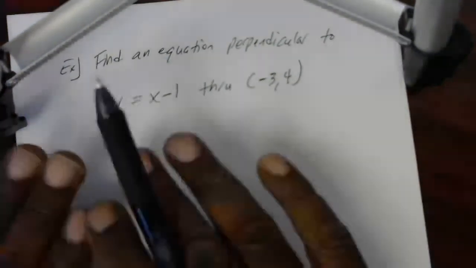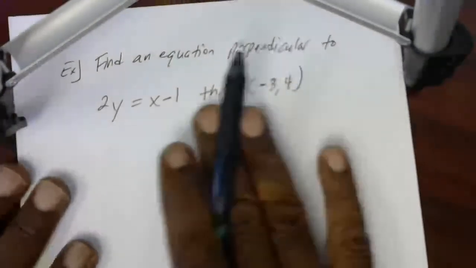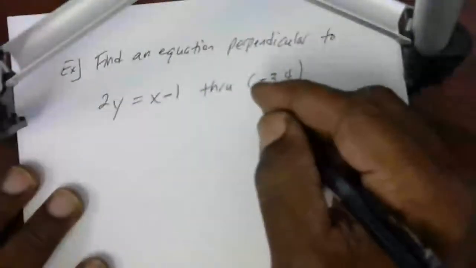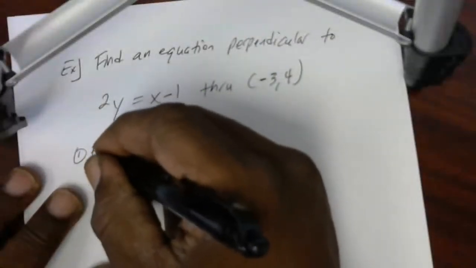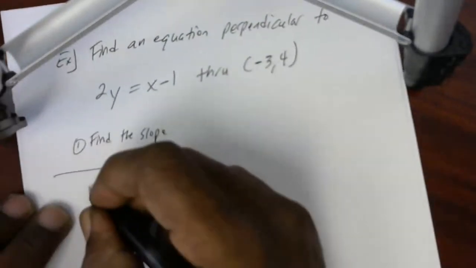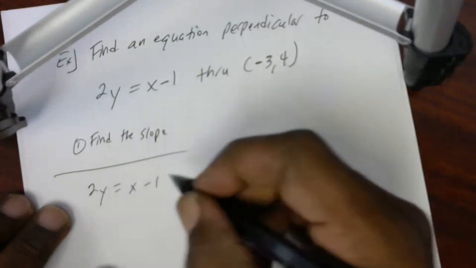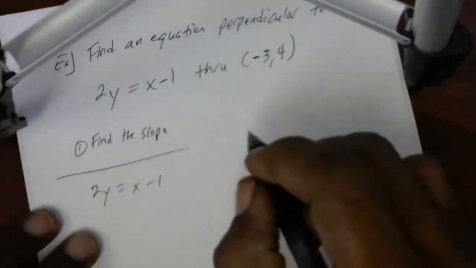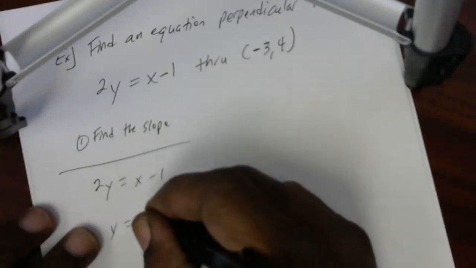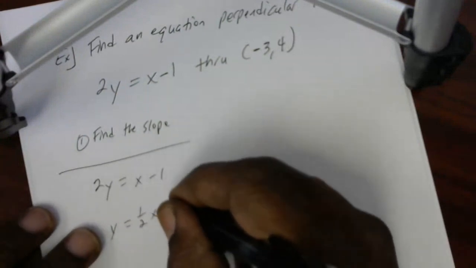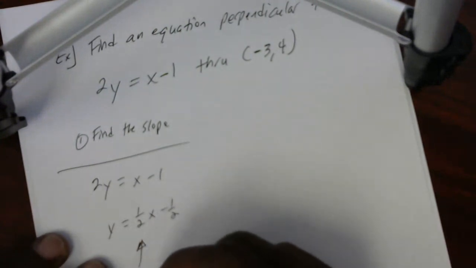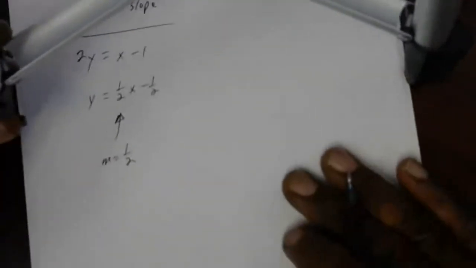All right. So just to write that on this example, the first thing we're going to do is find the slope. 2y equal to x minus 1. So we divided both sides by 2. So y is equal to 1/2 x minus 1/2. We were able to determine that the slope is positive 1/2.